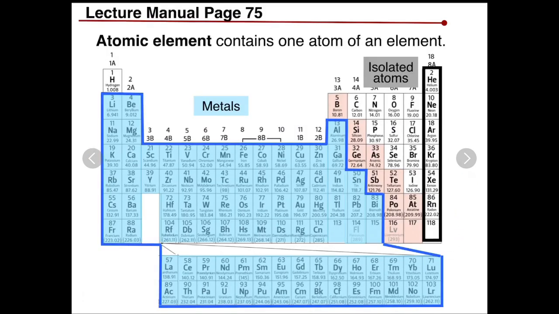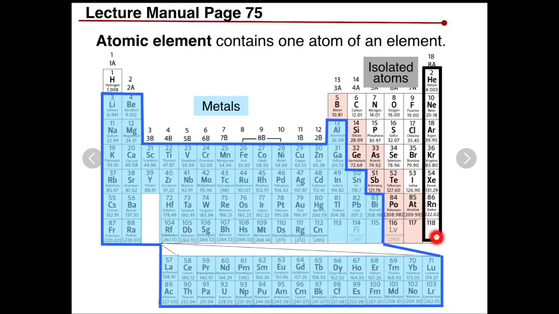All right. The last part of this lecture that we are going to take a look at is the different types of classification of matter in terms of atomic elements, molecular elements, and also compounds. Atomic elements are those elements that contain one single atom as an element. As you already see, one of them would be an isolated atom, right?